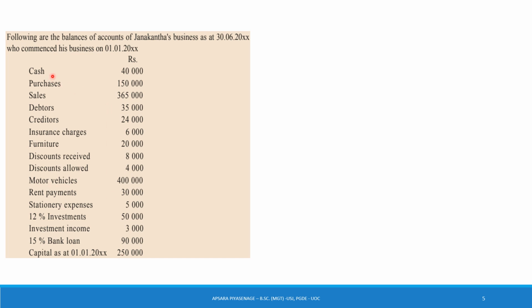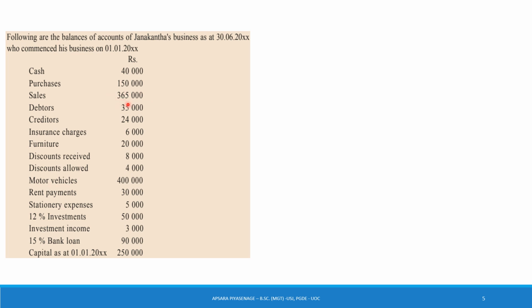So cash account always has a debit balance. Purchases, since it's an expense account, should have a debit balance. Then sales. Sales is an income account. So when income is increasing, we credit the income account.